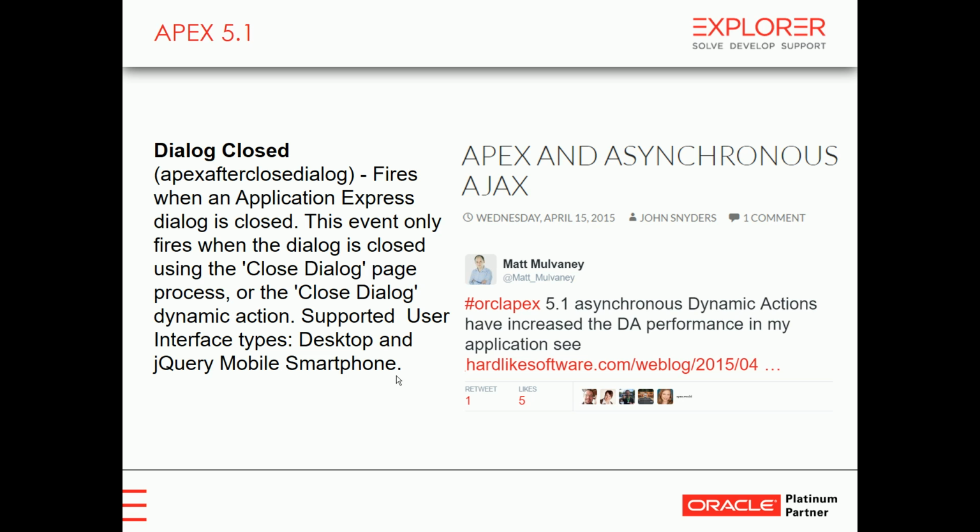If you have a custom event, you can trap that event, although it was not available declaratively. Coming next with 5.1, all dynamic actions will be asynchronous using Ajax. I installed one of my demo applications into 5.1, the early adopter, and saw dramatic improvement in performance of dynamic actions.